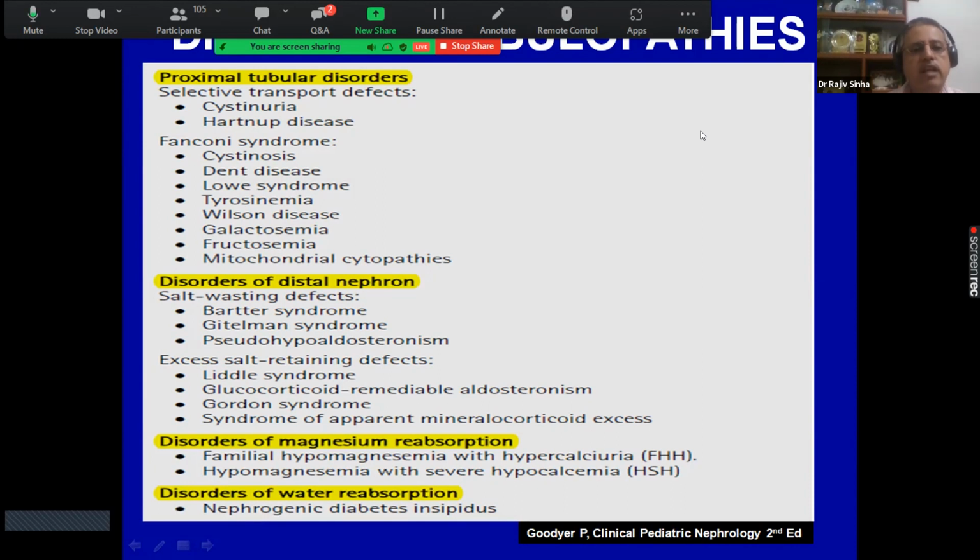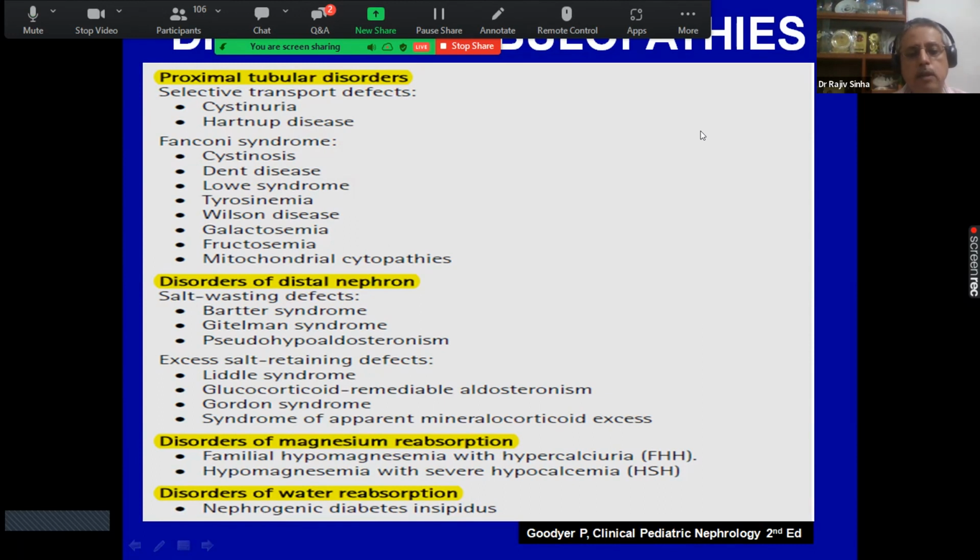Proximal can be selective, for example cystinuria, where you lose only cystine, or it can be Fanconi syndrome, with various causes like cystinosis, Dent, Lowe and so on, where we lose almost everything in the urine. Then we have the disorders of the distal nephron, which can be salt wasting, like Bartter, Gitelman and pH1, pseudohypoaldosteronism, or salt retaining, the Liddle syndrome.